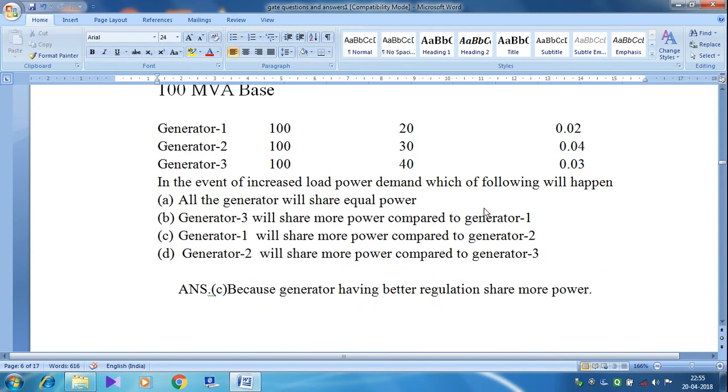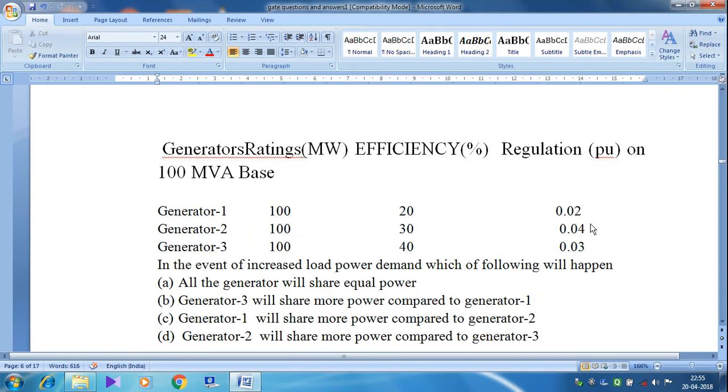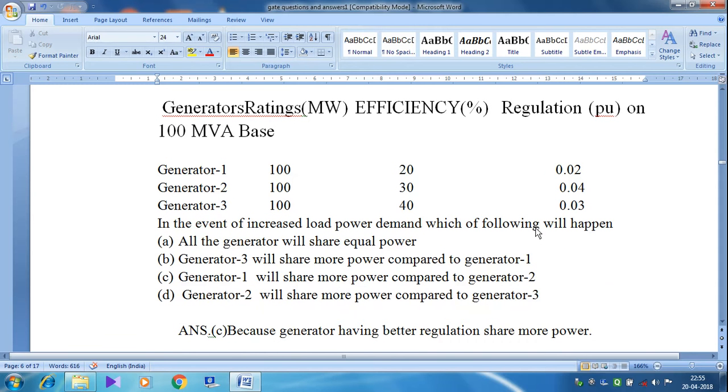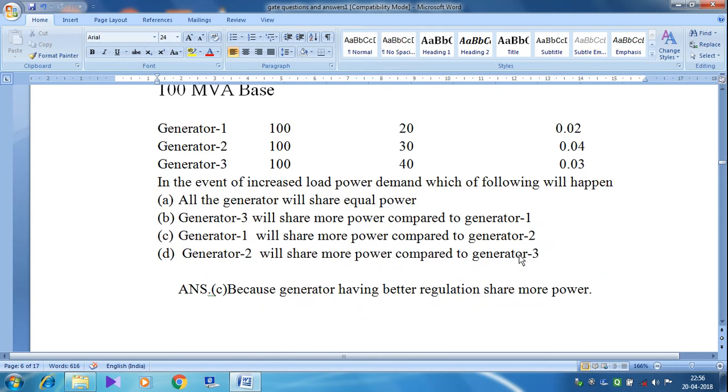कैसे देखिए, ये already we know that the generator जिसका रेगुलेशन ज्यादा है, सॉरी जिसका रेगुलेशन सबसे कम है, वो वाला जनरेटर ज्यादा पावर शेयर करेगा. मतलब it will take more load or more power, right?